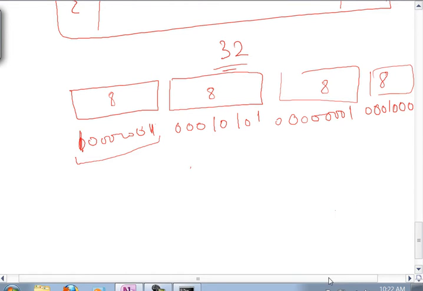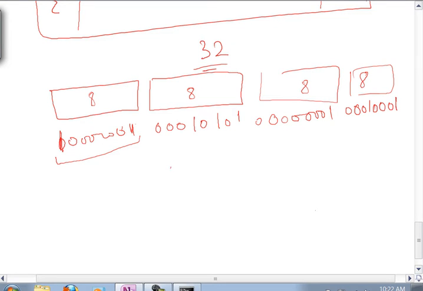What's happening here? Now this is my bit string, but I have divided it into 8s. When we work on it, we do not work in binary because it would be tough on our part. So the representation we use is what's called decimal dotted notation.